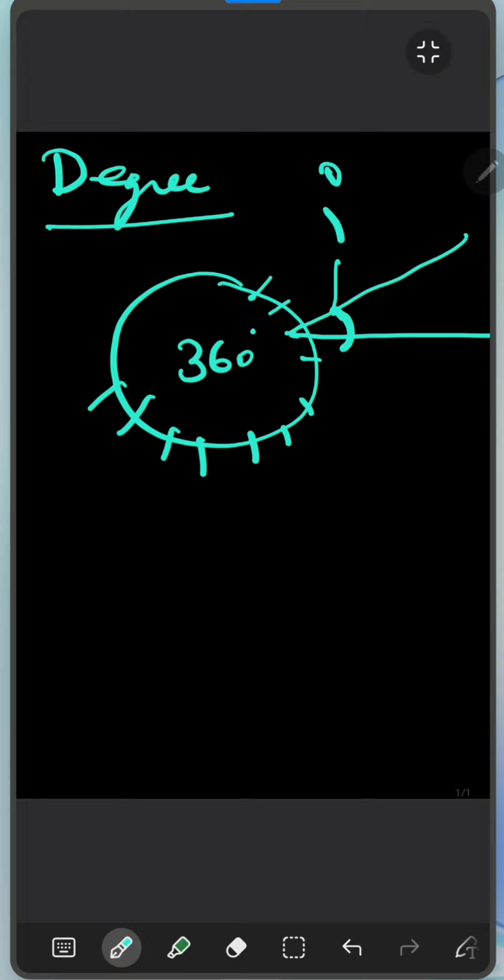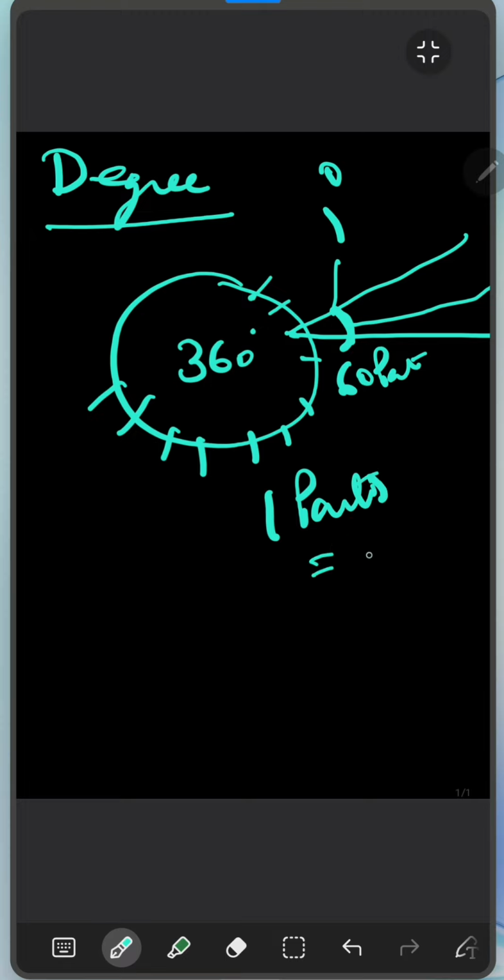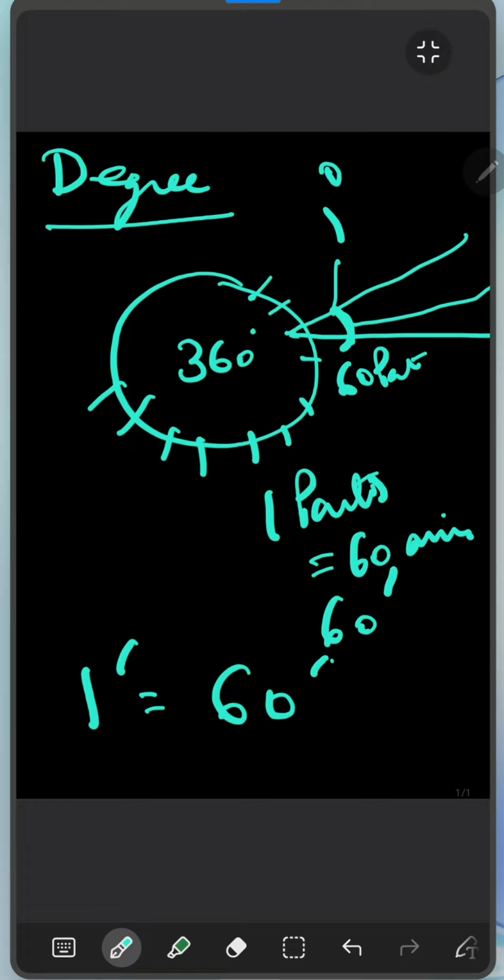Now this 1 degree is divided into 60 equal parts. So one of its parts would be equal to 1 minute. Further, if we divide this minute into 60 equal parts, then one of its parts will be equal to 1 second.